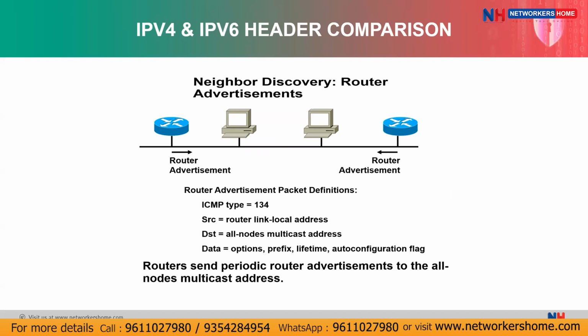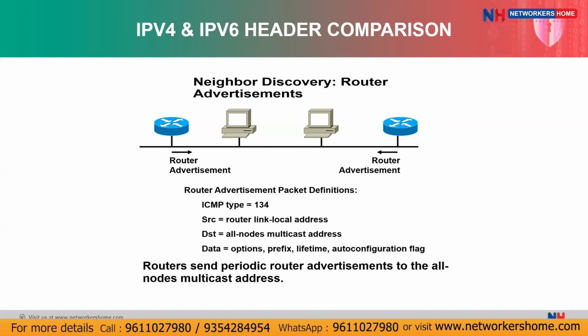So here you have two PCs and two routers. Both are sending router advertisements, which consist of ICMP type 134, the source is the router link-local address, the destination is the all-nodes multicast address, that is FF02::1.